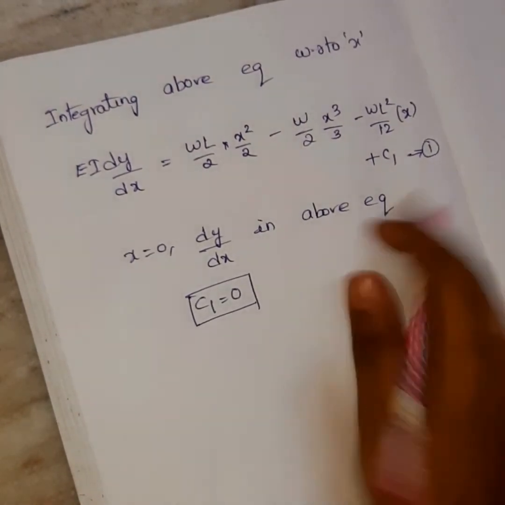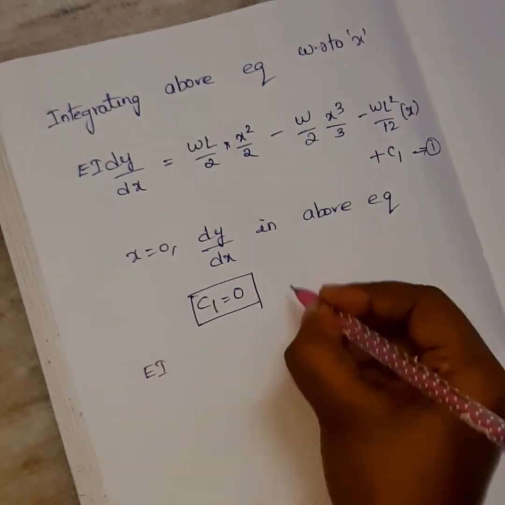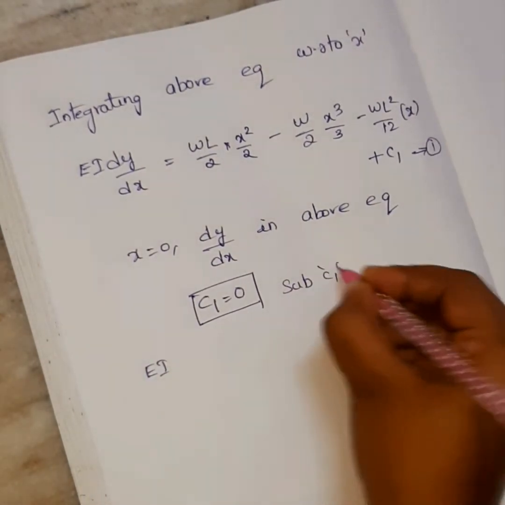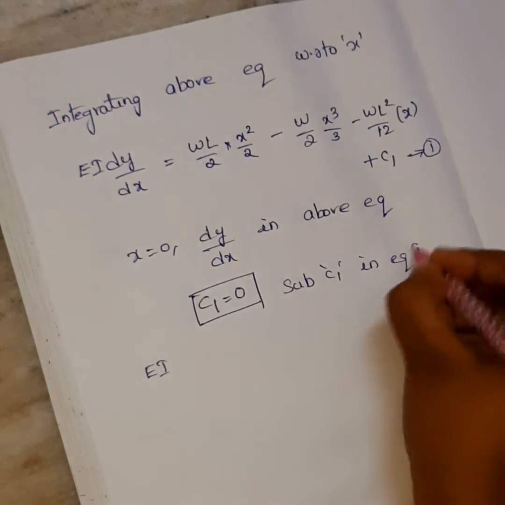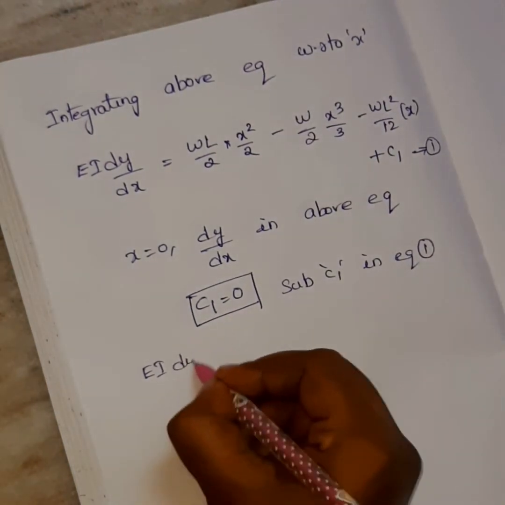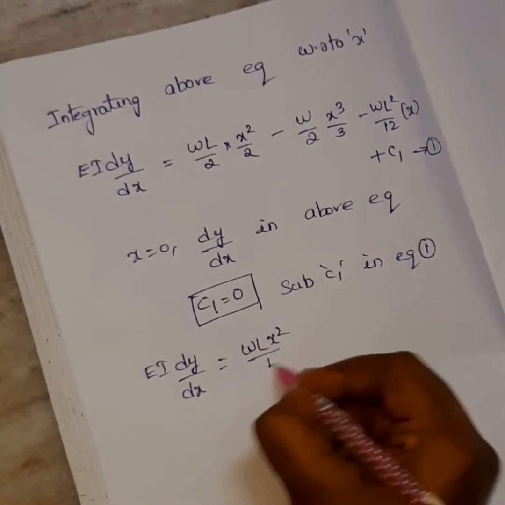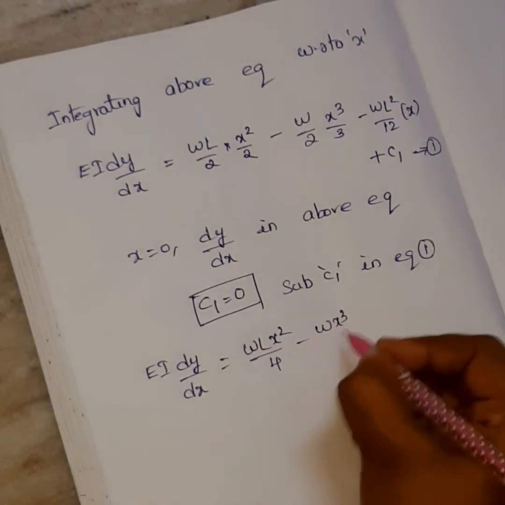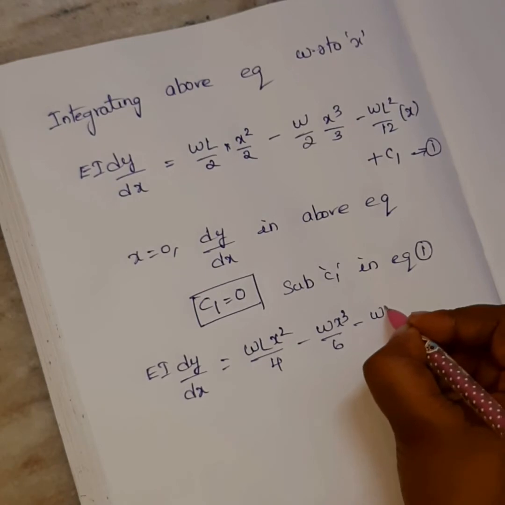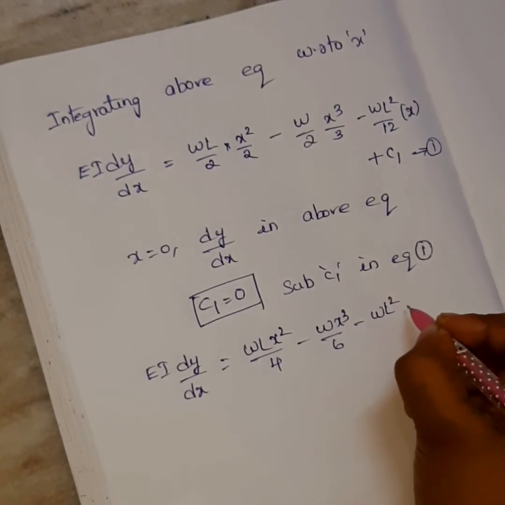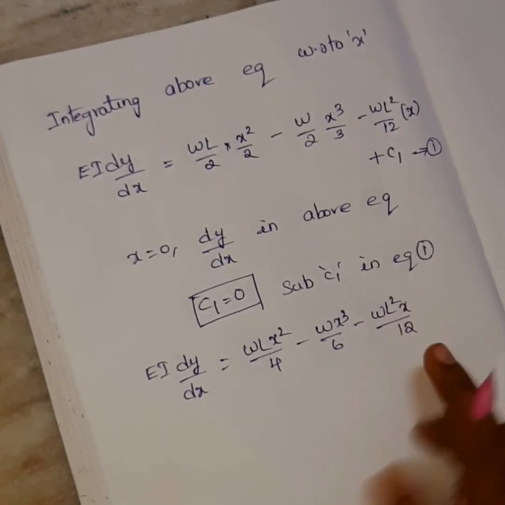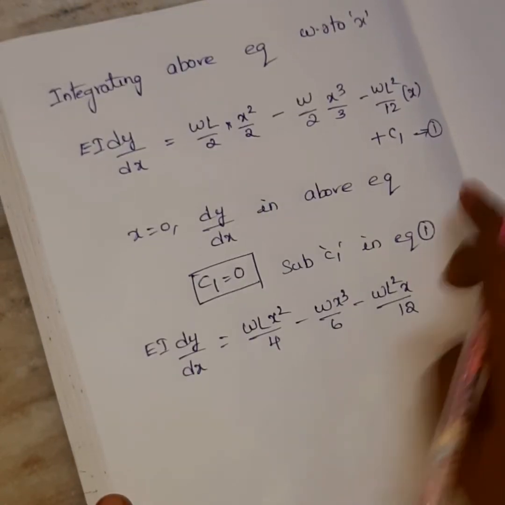So I got c1 is equal to 0, substitute c1 in equation 1. So EI dy by dx is equal to WLx square by 4 minus Wx cube by 6 minus WL square by 12 x, c1 value is 0.